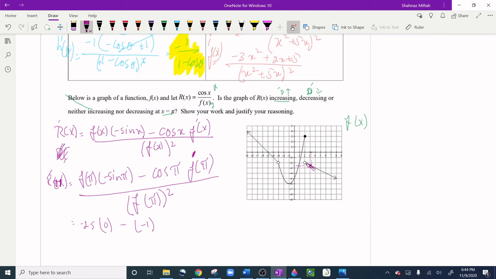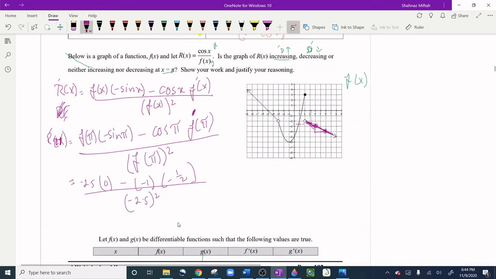It's negative, and since this is a linear function, I can pick any two points on this line. I'm going to fall 1 and run 2 to the right. So negative one half is my slope. And in the bottom, since it's f of pi, it's negative 2.5 whole squared.